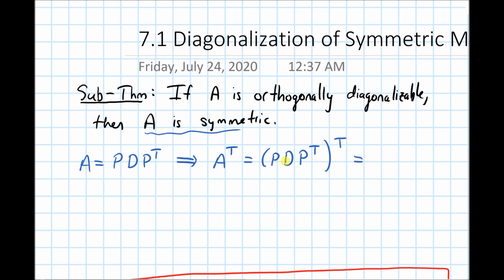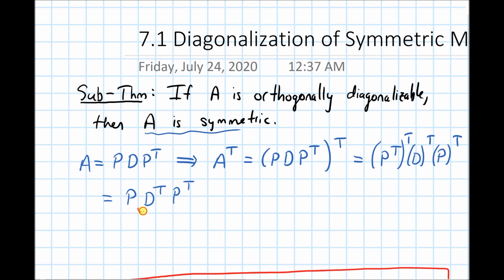If you take a product of a bunch of matrices and you transpose them, we have to switch the order. So P transpose transposed, then D transpose, and then P transpose.